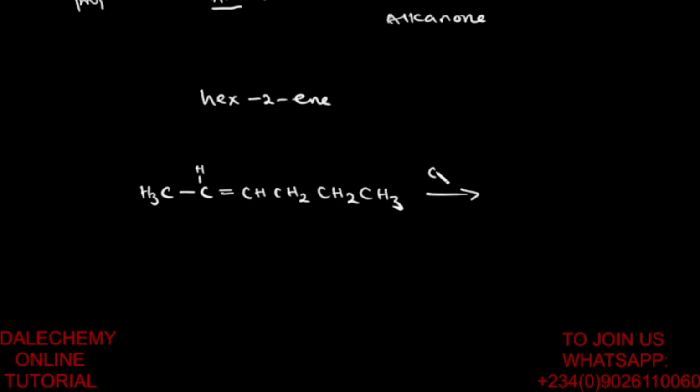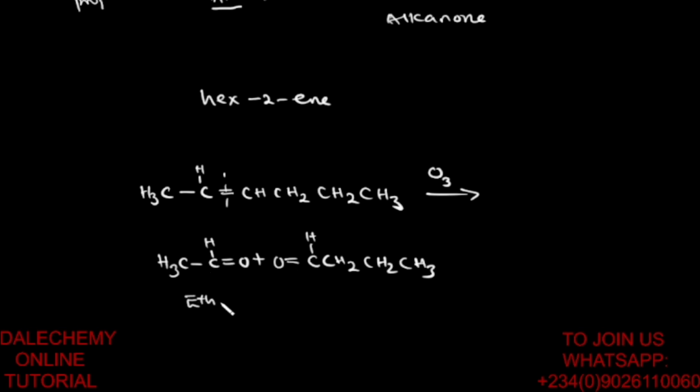When you add ozone to this, that's going to break the double bond, and if that happens, you have H3C, CH double bond, CH. This CH means that the carbon is attached to the hydrogen. We have CH2, CH2, CH3, and you add oxygen. So these are the 2 products you will get, and this is going to be an aldehyde because it's having hydrogen. So that's going to be 2 carbon, that's eth.